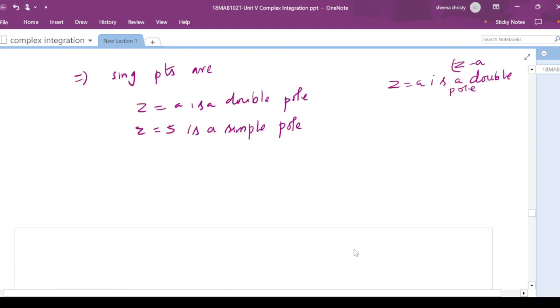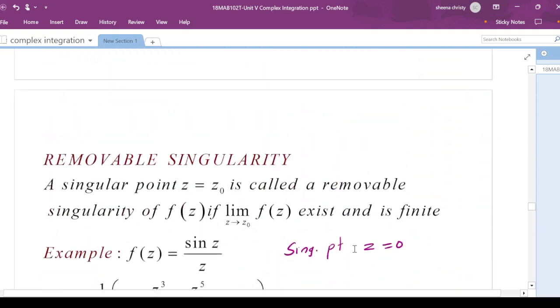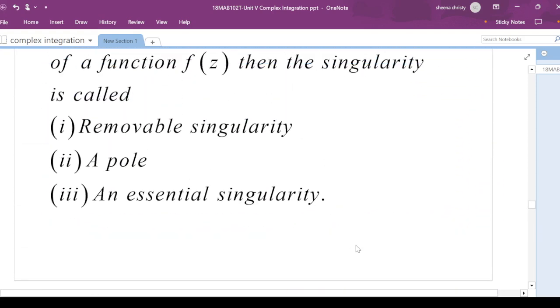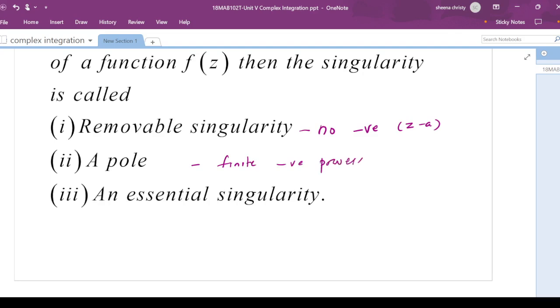Hence, we observe the types of singular points. Removable singularity means no negative powers of z minus a. Pole means finite negative powers of z minus a.